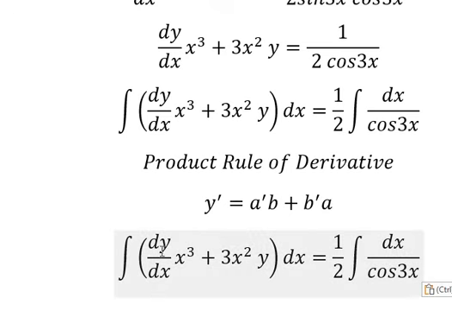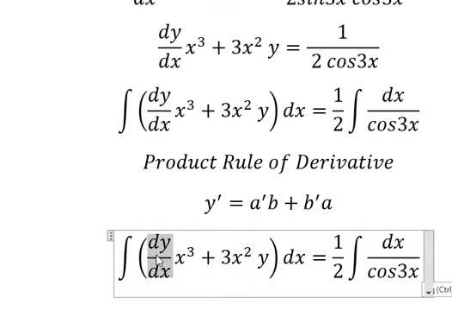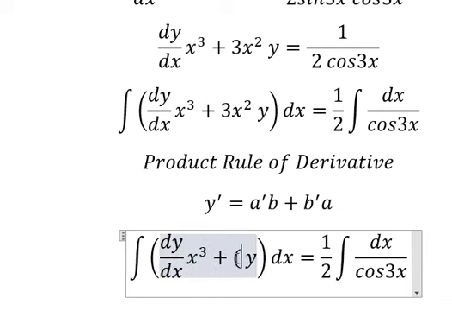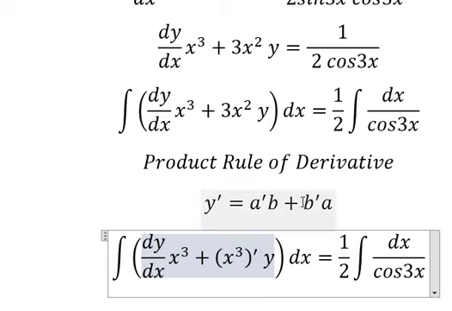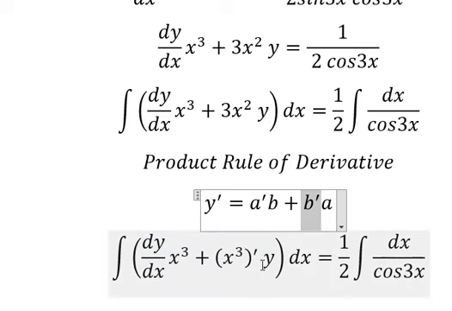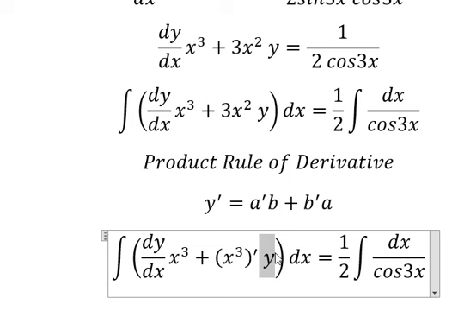So if we look carefully at this one, this is the first derivative of a multiplied by b. This is the first derivative of x to the power of 3. That is b multiplied by a.